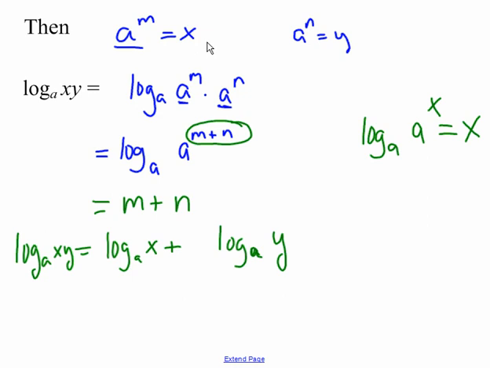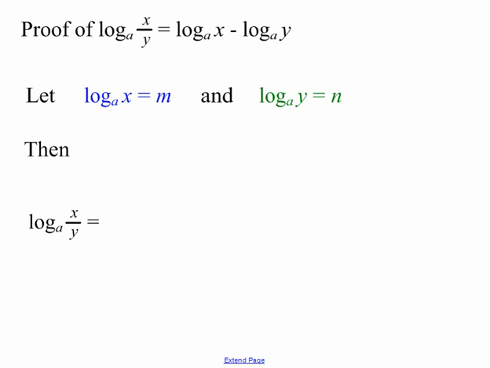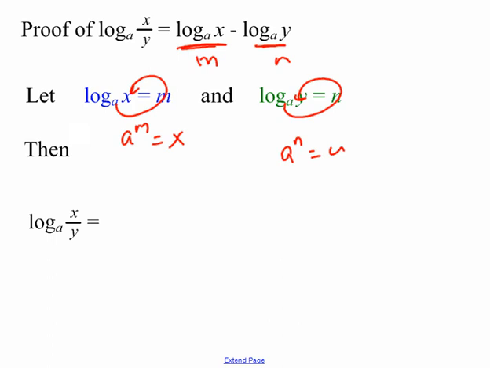The proof for division is very similar. If you think you want to try it, go ahead and pause and start the same process I just did. All right, so again, you see that we have division here. We're just going to start off by calling this m and this n just like we did last time. Turn it exponential, so a to the m equals x, a to the n equals y.